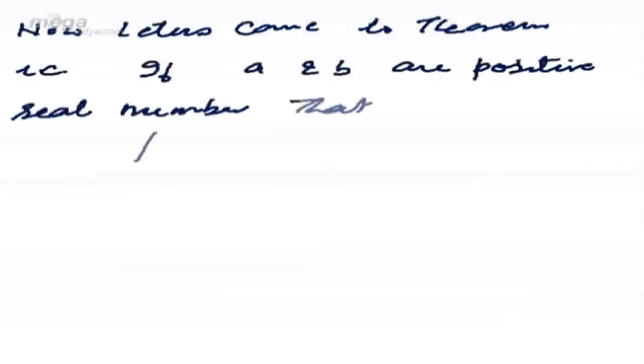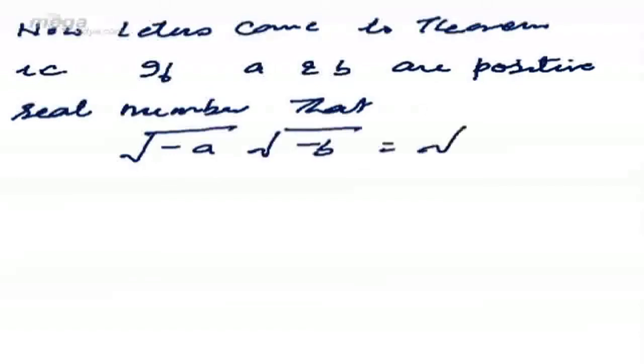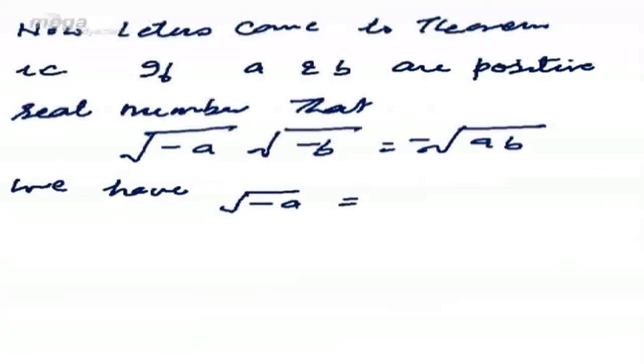Let us come to a very important theorem, that is, if a and b are positive real numbers, then root of minus a into root of minus b is equal to minus root of ab. Now we have root of minus a is equal to root of minus 1 into a. This can be written as root of minus 1 into root a, that will become i into root a.